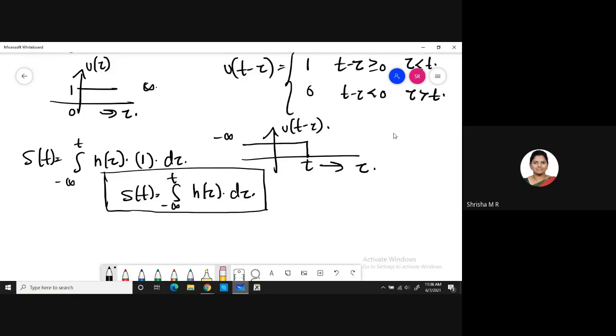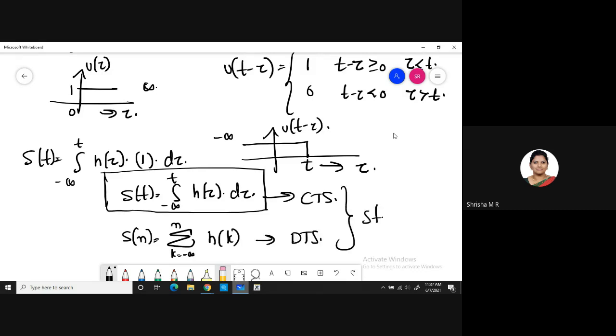So this is the equation for step response for continuous time signals. And for discrete time, you have s of n is equal to the summation over k from minus infinity to n of h of k. This is the equation for step response for discrete time signals.